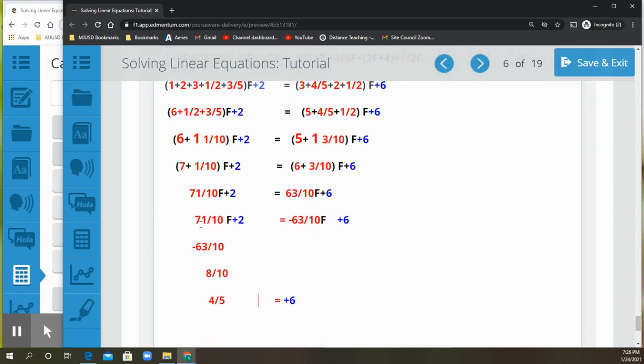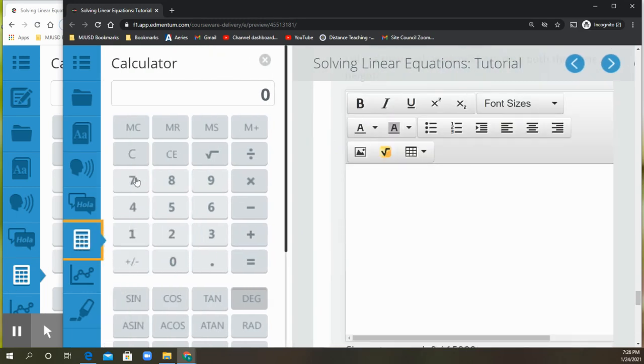Okay. So once we take 63/10 away from 71/10, 71 minus 63 is 8. 63/10 subtracted from 71/10 is 8/10. 71 minus 63 equals 8.